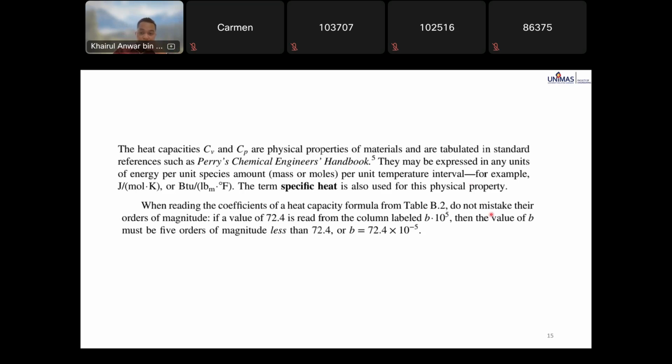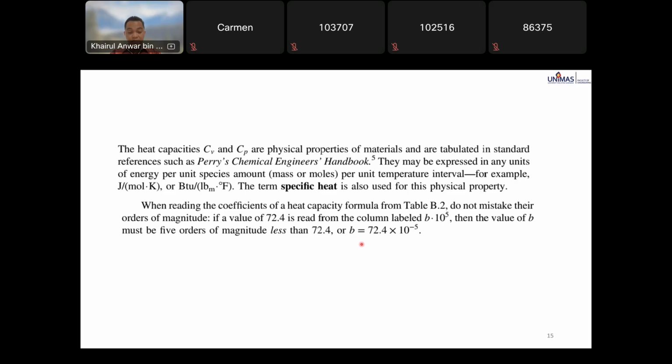To read this table, do not mistake the orders of magnitude. If a value 72.4 is read from the column labeled B times 10 to the power 5, then the value of B must be 5 orders of magnitude less than the 72.4. So B is equal to 72.4 times 10 to the power of negative 5.